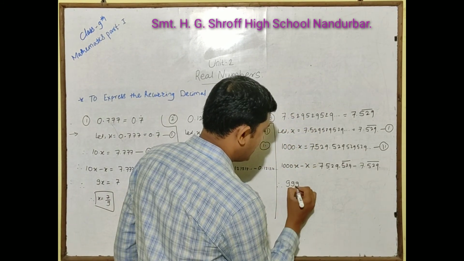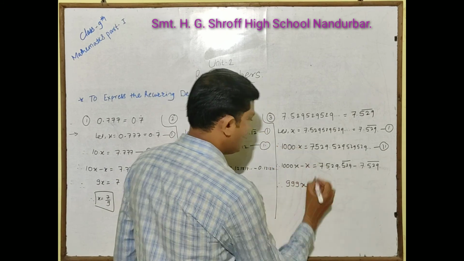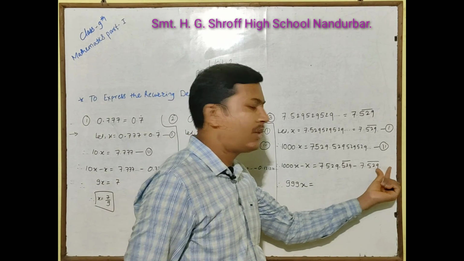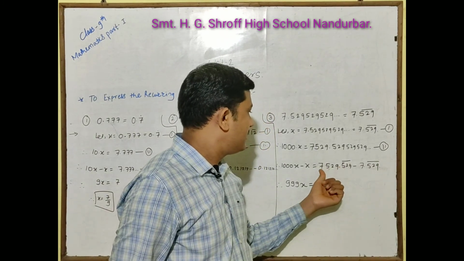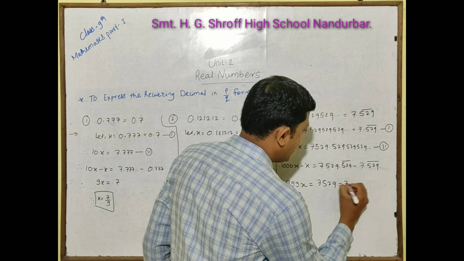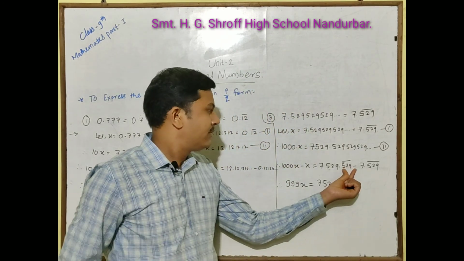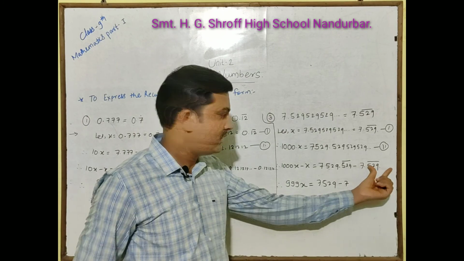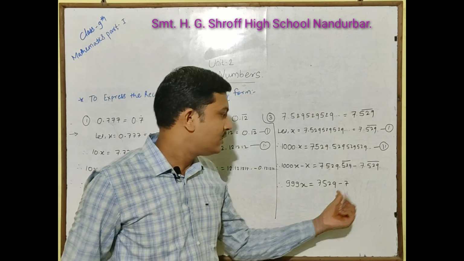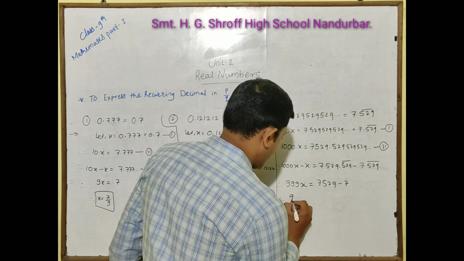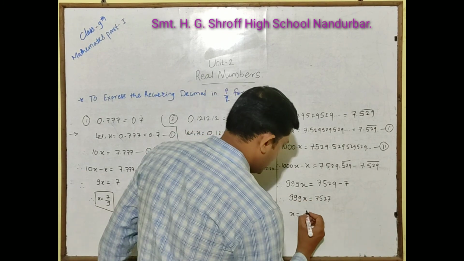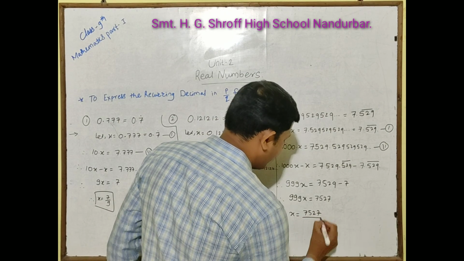Therefore 999x is equal to 7529 minus 7, because after the decimal point there are the same digits, so their subtraction becomes 0. That is simply, we get 999x equal to 7522. This is what? x is the rational number, 7522 upon 999.